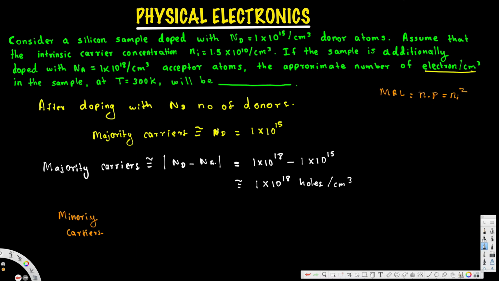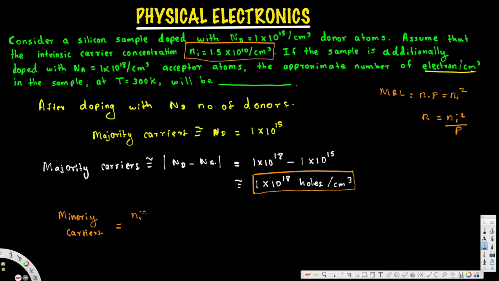Here we are interested in finding the number of electrons per cm³, so that is n. That's going to be ni squared divided by p. We already know the p value, that is 1 × 10^18 holes per cm³. ni squared is going to be 1.5 × 10^10 squared. So if you plug into this equation, we are going to get the final answer.